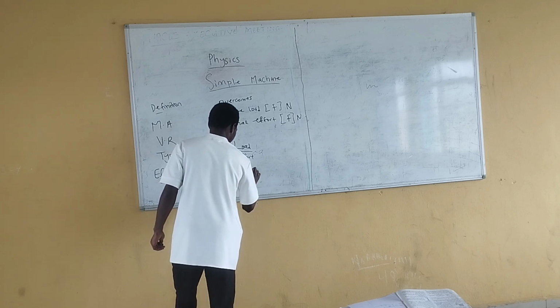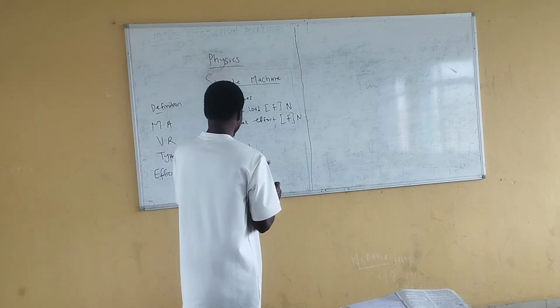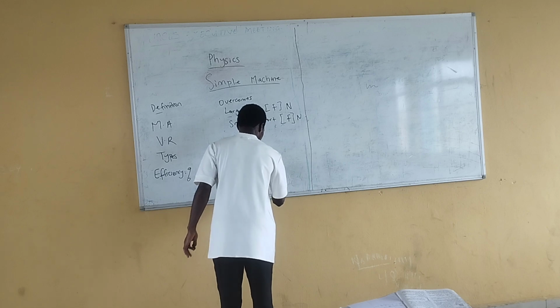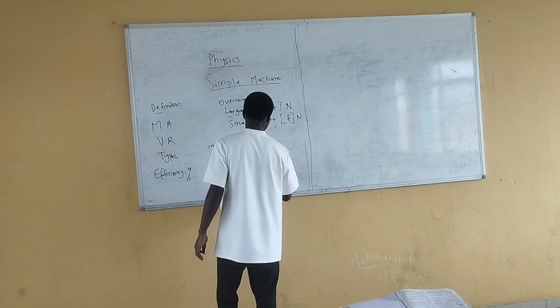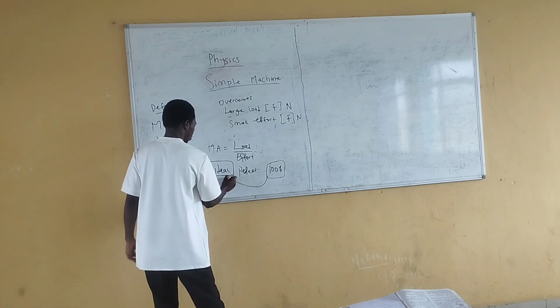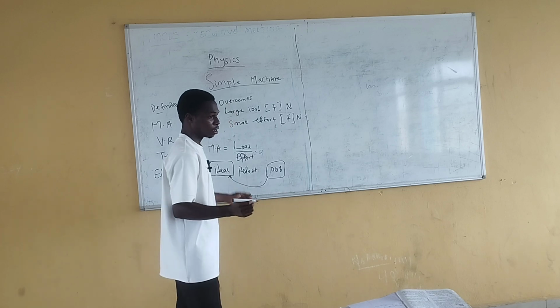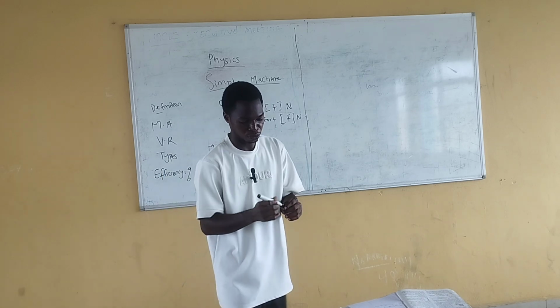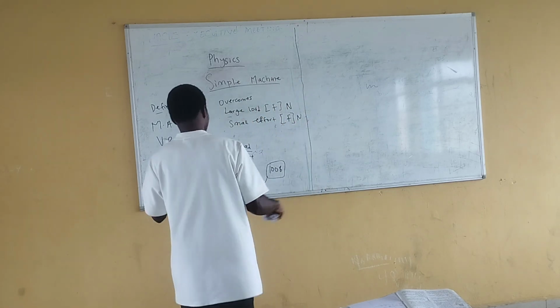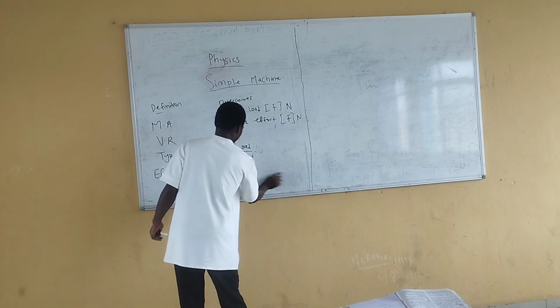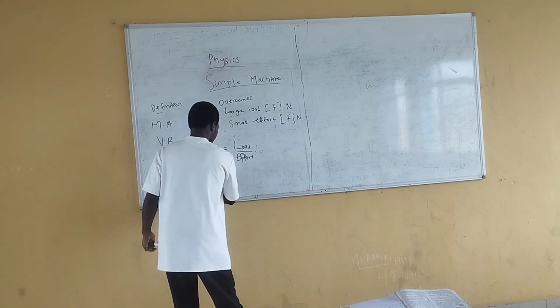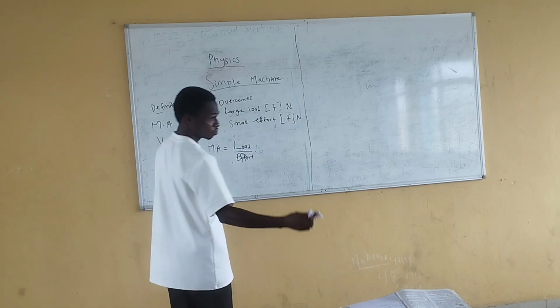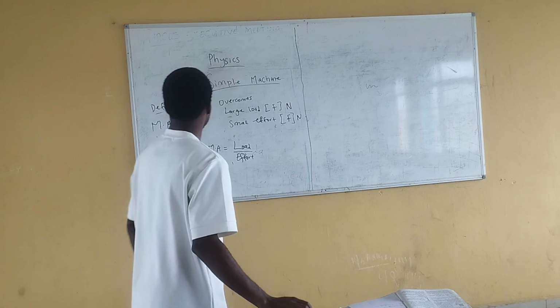This is when efficiency is 100%. When a machine is 100% efficient, we call it an ideal machine. But this is not possible, because of friction and the rest. Because of friction, no machine is 100% perfect. Even you, you're not 100% perfect. So that's just it.